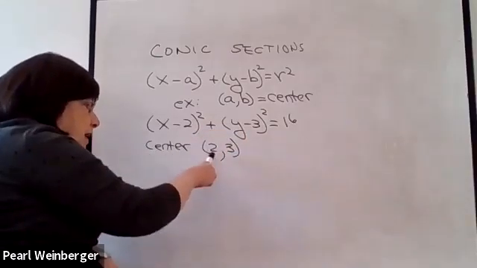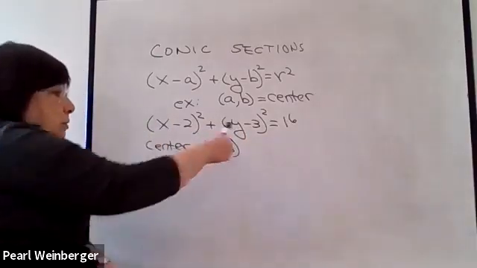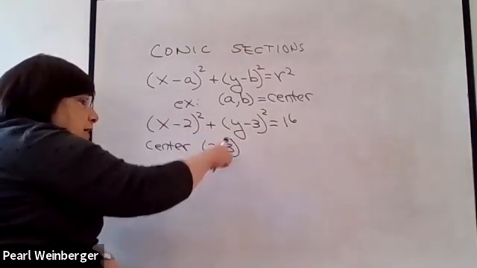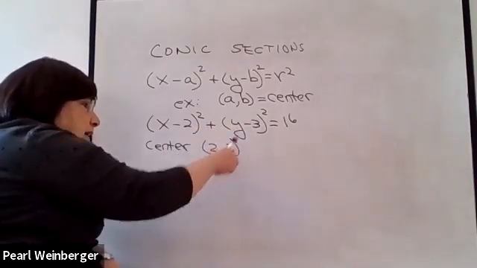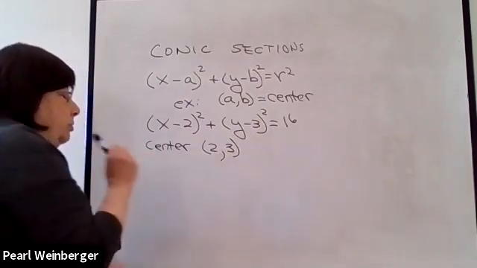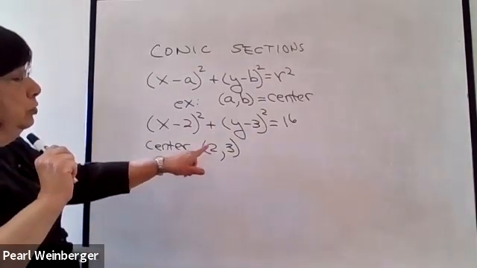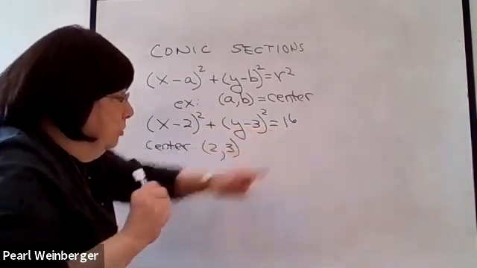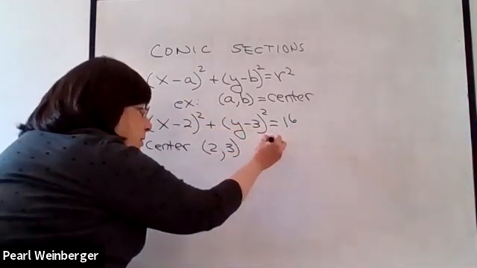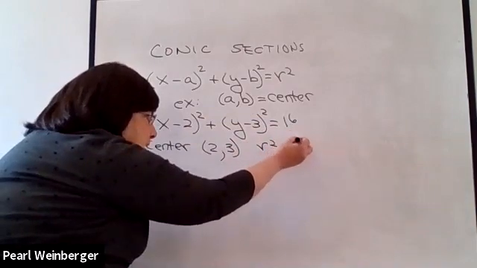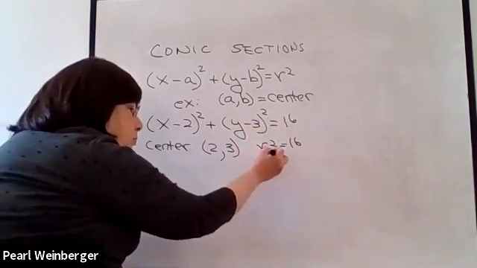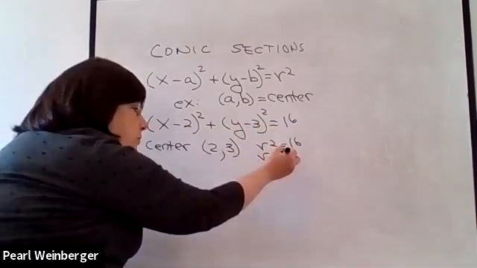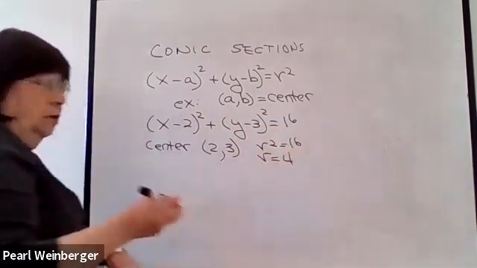That gives me the x of the center. The number with the y gives me the y of the center. Again, I switched its sign. So the center of this circle is the point (2, 3). This number over here is my r squared. My r squared was 16, so the radius has to be the square root of 16, which is 4.